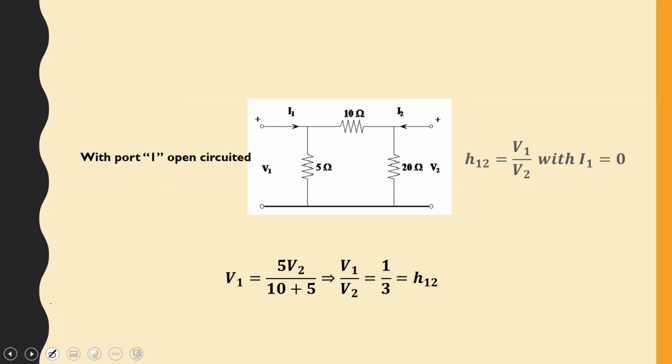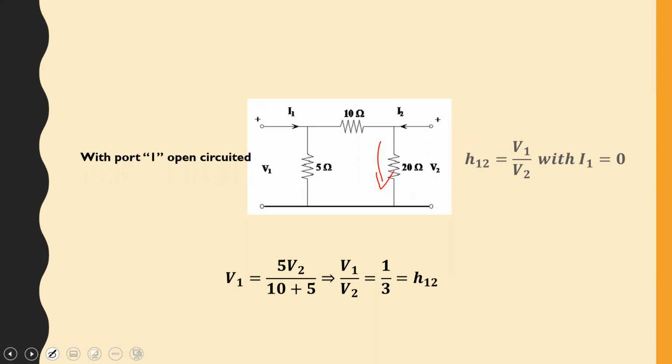Sir, it would split between 10 ohms and 20 ohms. You sure? Look at the circuit. Sir, I'm looking at what happens to I2 when I1 is equal to 0, right? How would it divide? Some come here, so where does the rest go?